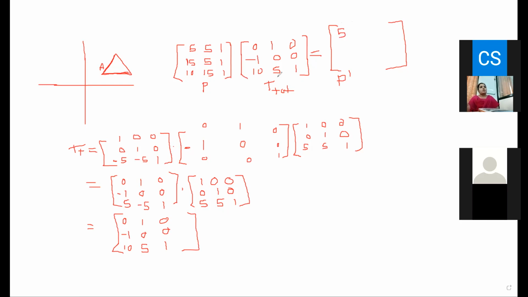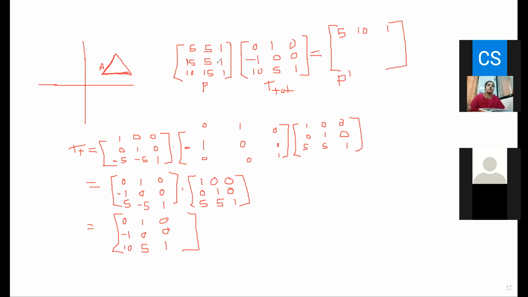Then second row, second column is 5, 0, and 5. So you will have 5 into 1, 5, 0, and 5. That is 10. Next is this row, third column is 1. The second row, first column.